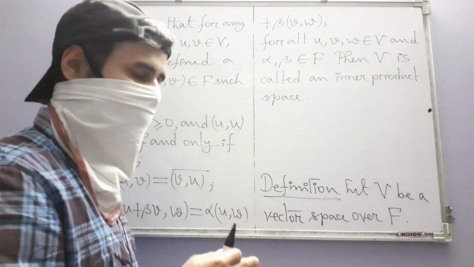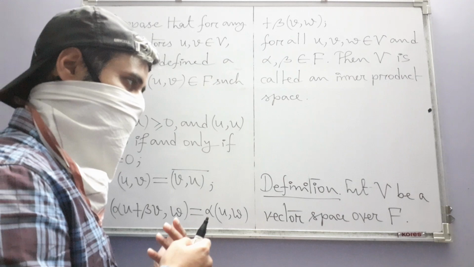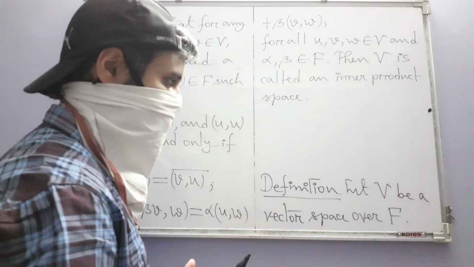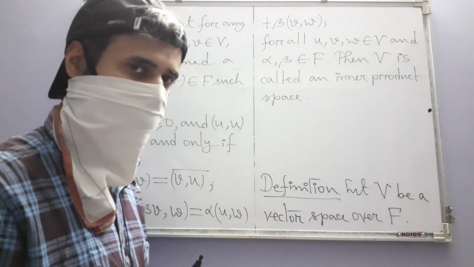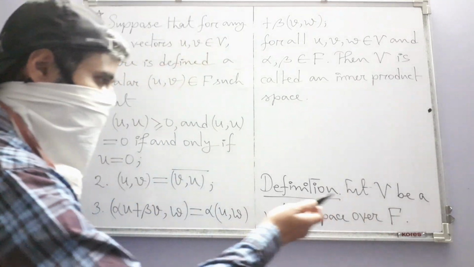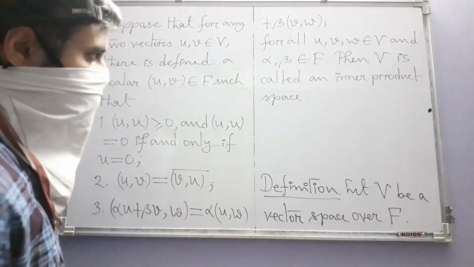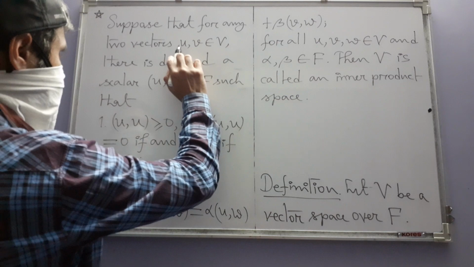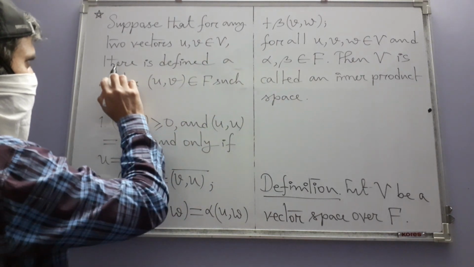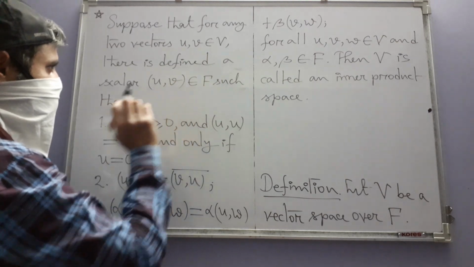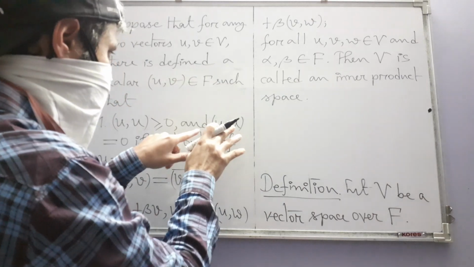V actually can have many different types of things. Say V may have actual vectors, or V may have functions in it, or matrices in it. So those things are possible. You already know that in a vector space the vectors can be many different types of objects. So for two such vectors u and v, say there is defined a scalar in F. That means this is either a real number or a complex number.